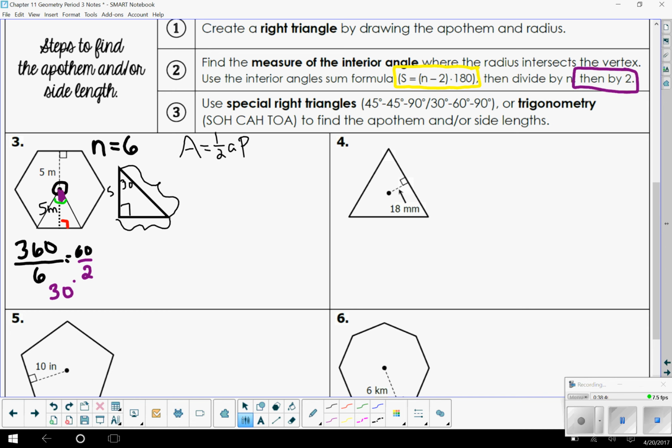I need the perimeter. Is the radius going to help me find the perimeter? No. So I need this side right here.